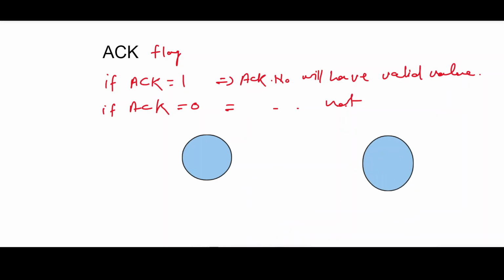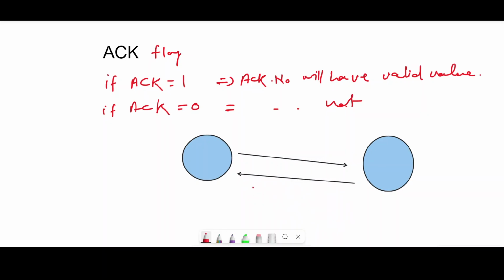If they want to create a connection, first the sender sends a segment, then after receiving it the receiver provides the information that we have received it with the help of flags, which are the SYN flag and the ACK flag. The sender sends only the SYN flag. Here SYN flag 1, and here SYN flag 1 and ACK 1. This is the symbol of a request. This is the symbol of a reply.